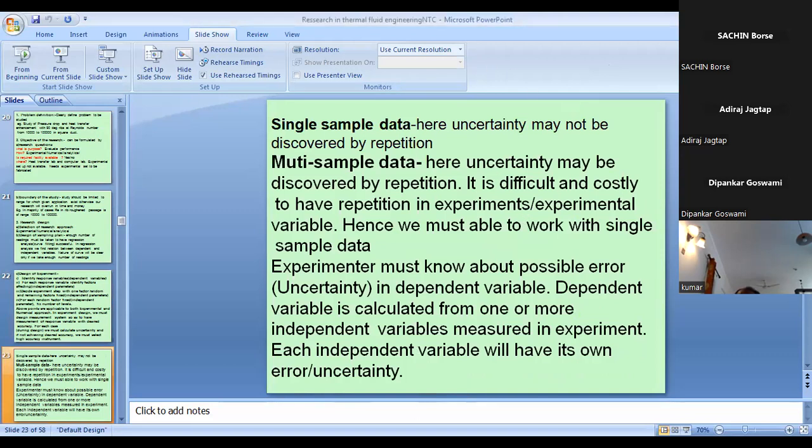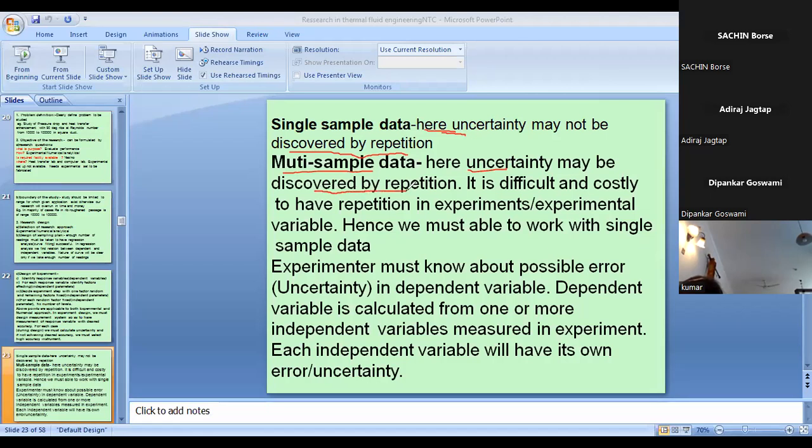Then single sample data and multi-sample data. Here uncertainty may not be discovered by repetition. We only take one reading, single sample data. In multi-sample data, we take many readings. Here uncertainty may be discovered by repetition.